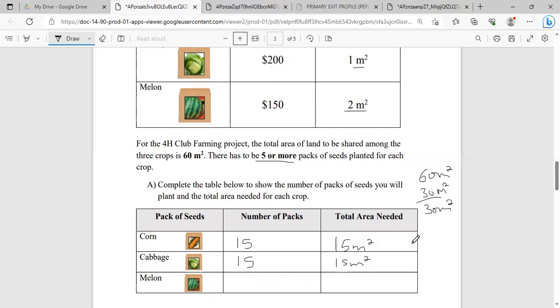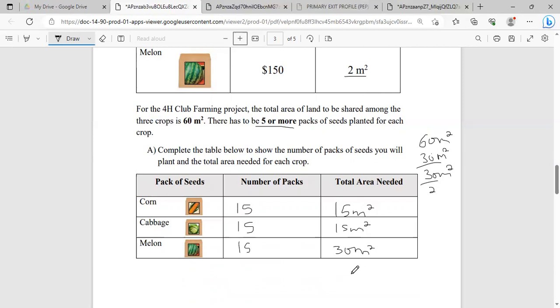So what we have to do is divide the 30 that is left by 2. So that would give 15 packs of melon, and that will give us 30 meters square. Notice when we add these numbers, we should get back the 60. So this gives us 60 meters square. So we completed that task. So it's 15, 15, 15.